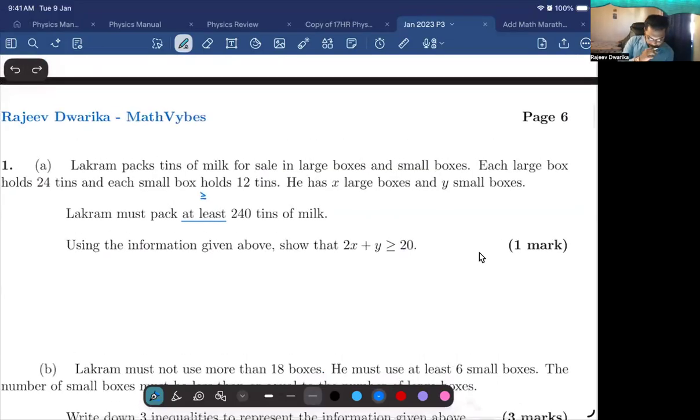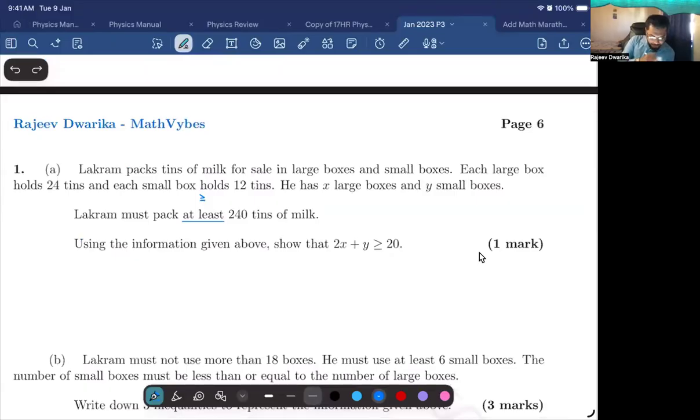So Darius, if the person has large boxes and small boxes for sale, remind me, how much does one large box hold? 24 tins. All right. If I had, say, 3 large boxes, how many tins of milk would I have? No, I wouldn't divide.